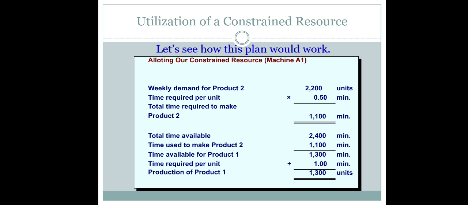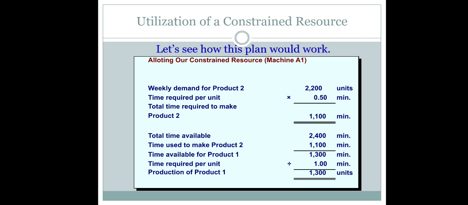That 1,300 minutes should be used to produce product 1, because product 1 is less in terms of contribution margin per unit of constrained resource.